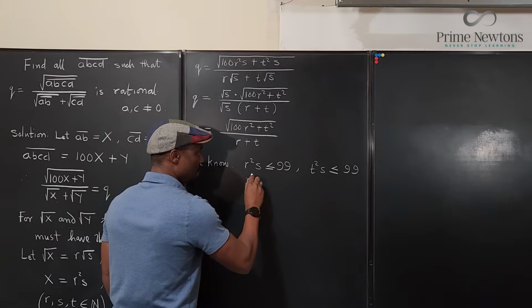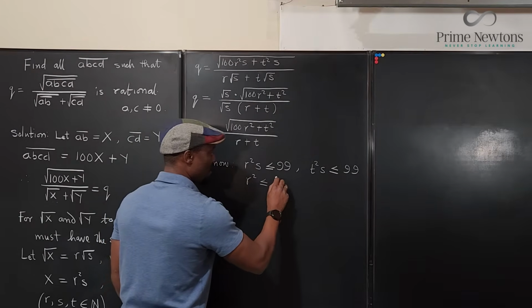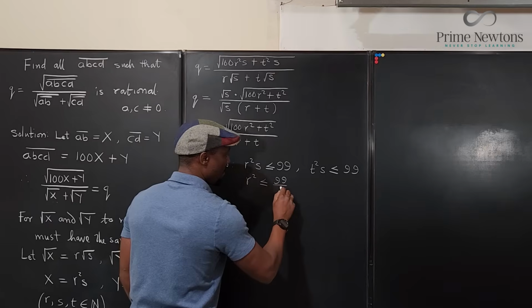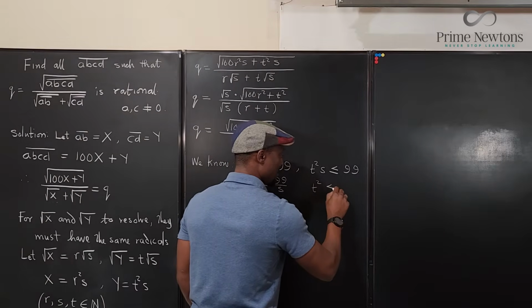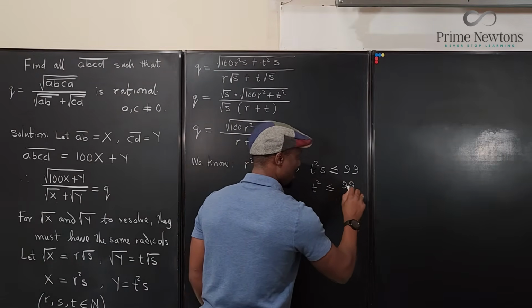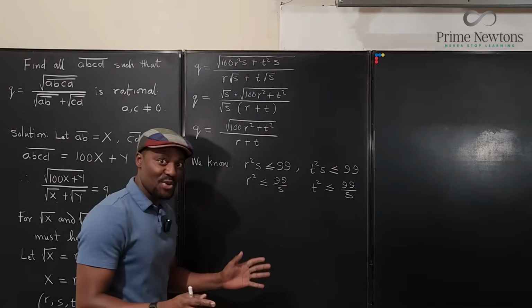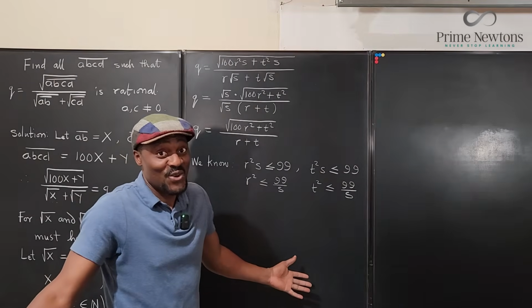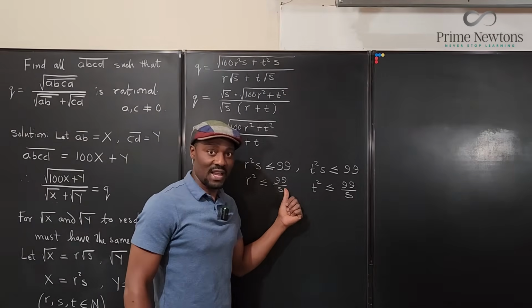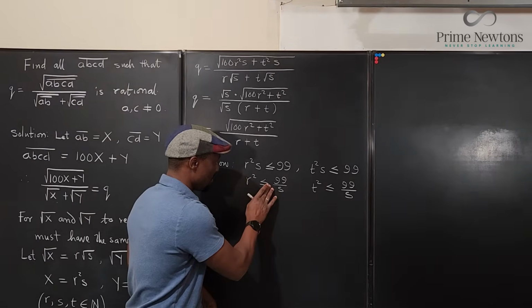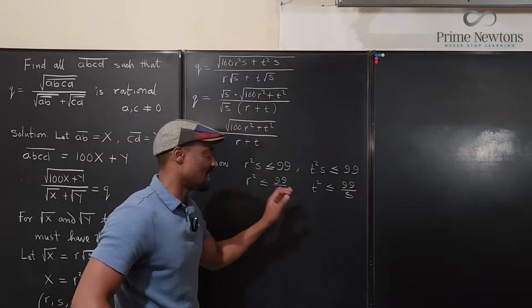That means that R squared is less than or equal to 99 over S, and T squared is less than or equal to 99 over S. I'm trying to create a restriction because that's how you get all your answers. It means that R squared is clearly less than 99. Let's still leave it in case S is 1.